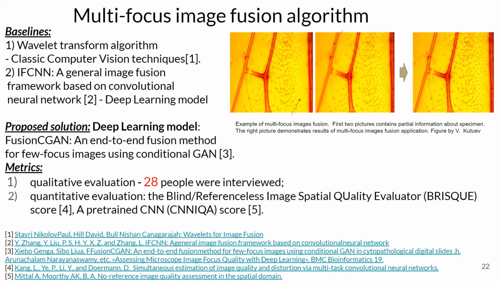Since there is no ground truth image for the task, no-reference quantitative image assessment metrics are widely employed in this case. So we used a pre-trained convolutional neural network that generates image quality predictions well correlated with human perception. And also we used the blind referenceless image spatial quality evaluator.